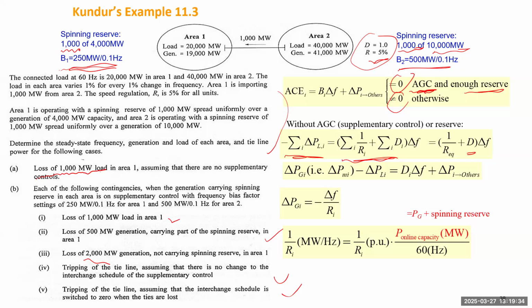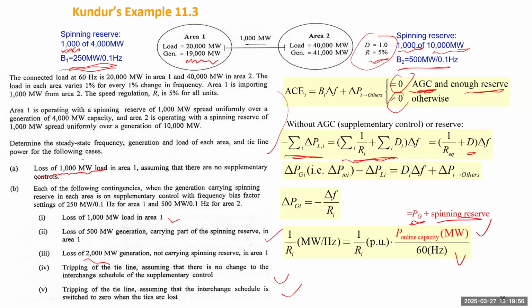Power base should be the total capacity of the area. So this capacity includes the total generation right now, plus the total spinning reserve. So what is that value? For instance, in area 1, the total generation is 19,000 megawatt. Total spinning reserve is 1,000 megawatt.